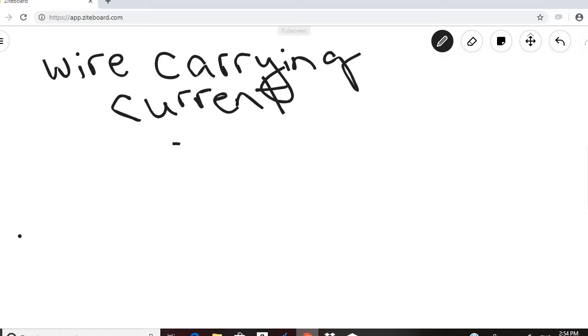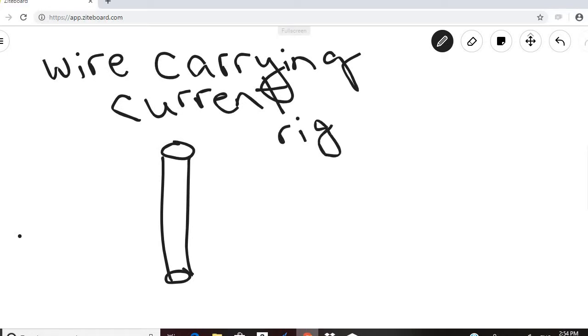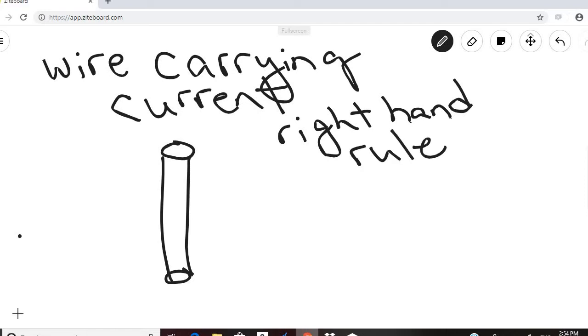If we have a wire carrying a current, we use what is called the right-hand rule. One thing that we know is that the direction of the magnetic field around a wire is circular. It's going to travel in a circle.